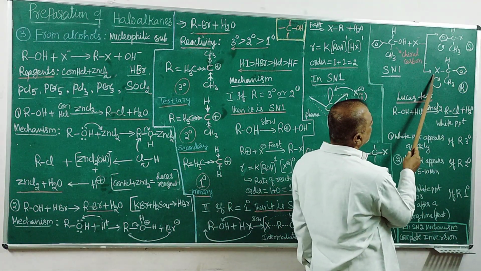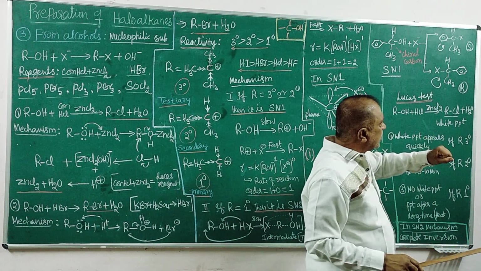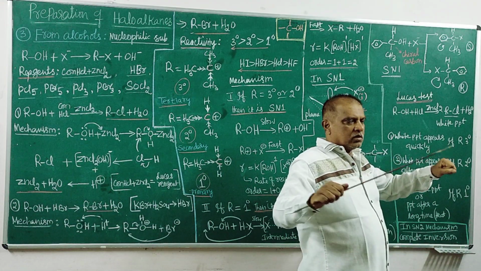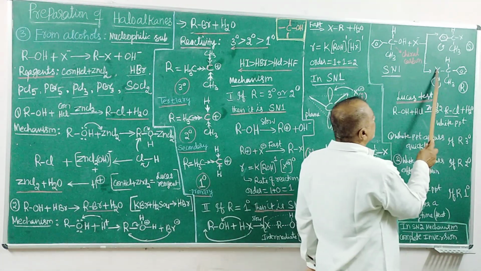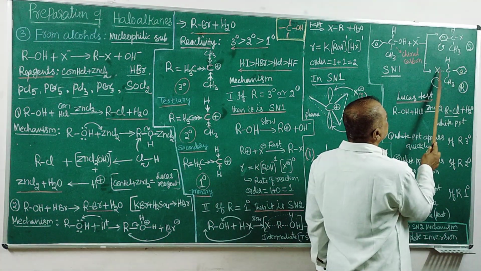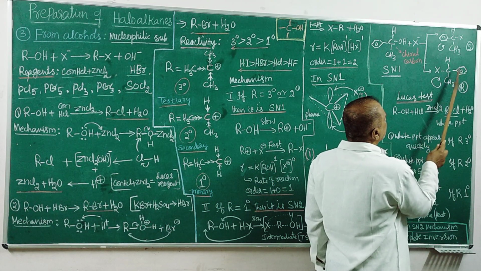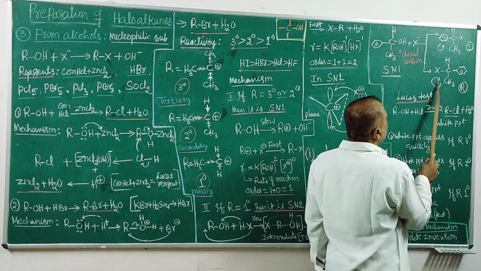In the inverse, the reverse configuration, it is the same thing. If you hold the hydrogen atom backward, and look at the priorities of these groups, this is the higher priority, and then the next priority goes clockwise.